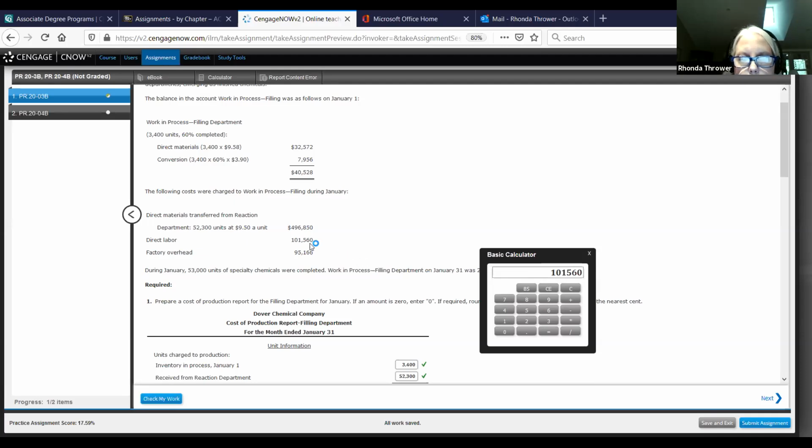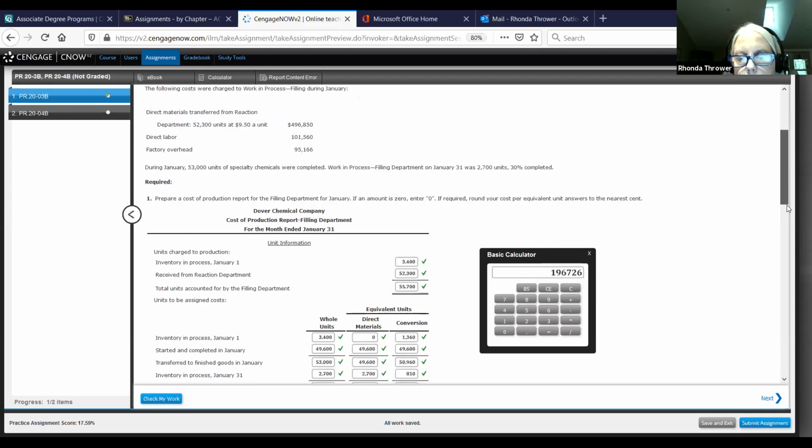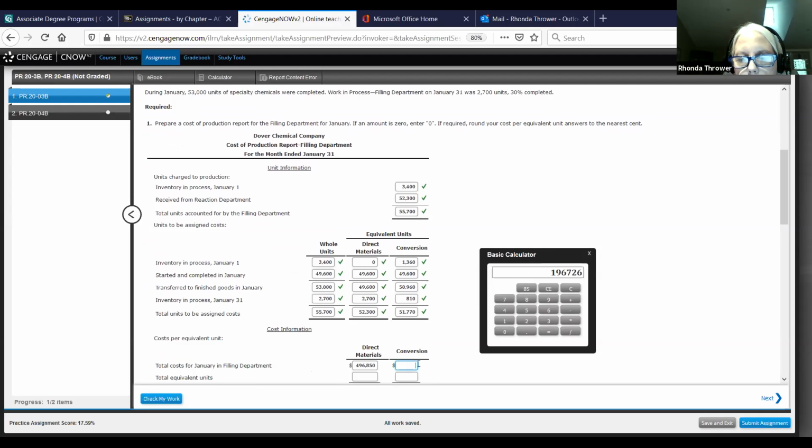That was my direct labor, plus my factory overhead is my conversion cost that we incurred during the month of January. So my direct labor is going to be added to my factory overhead. And that's going to give you total conversion cost of 196,726.